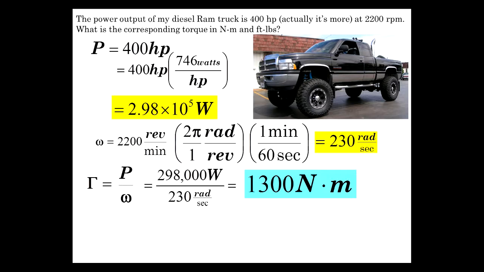Granted, you probably have little context for that torque. Foot-pounds would be something you could probably have a better intuition for. And let's go ahead and convert that then. 1,300 newton meters, and let's divide it by 4.45 newtons per pound.